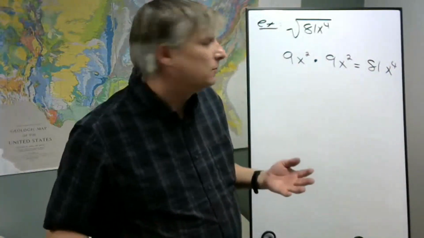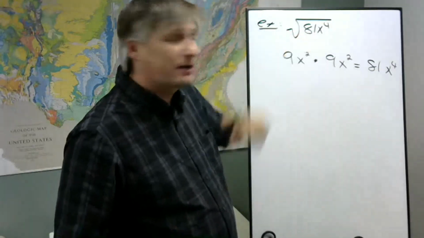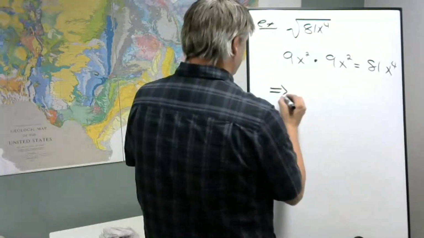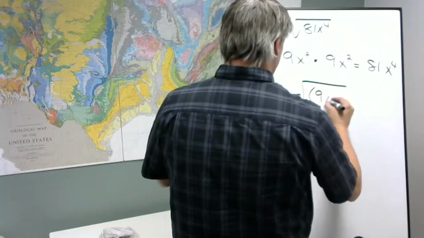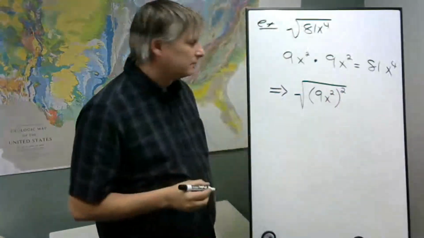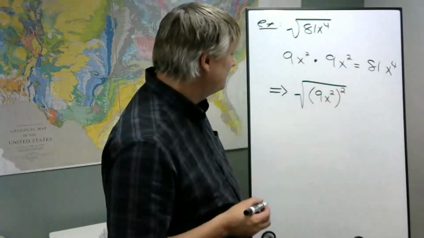So what we can do is rewrite this positive square root of 81 times x to the 4th as (9x squared) squared, or 9x squared times itself.